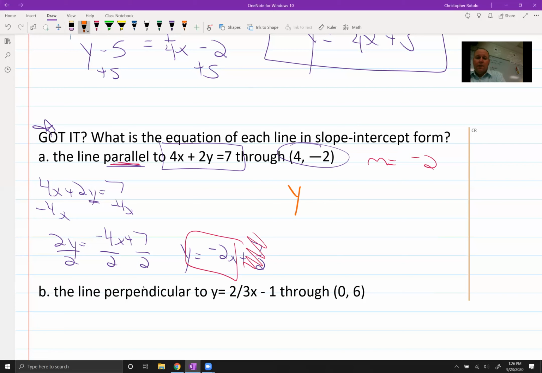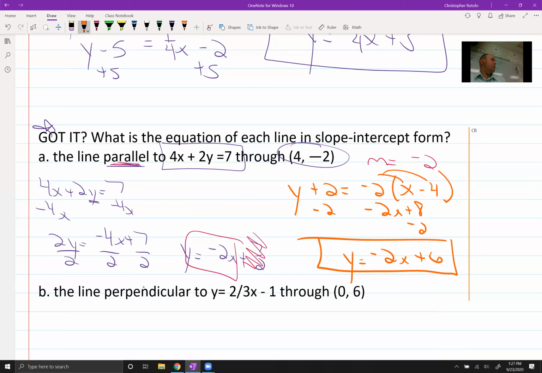So y plus 2 equals -2 times x minus 4. Distribute: -2x plus 8, minus the 2, minus the 2. So y equals -2x plus 6 becomes our final equation.